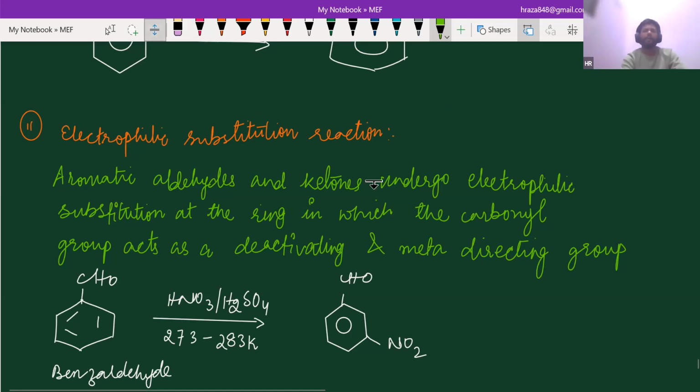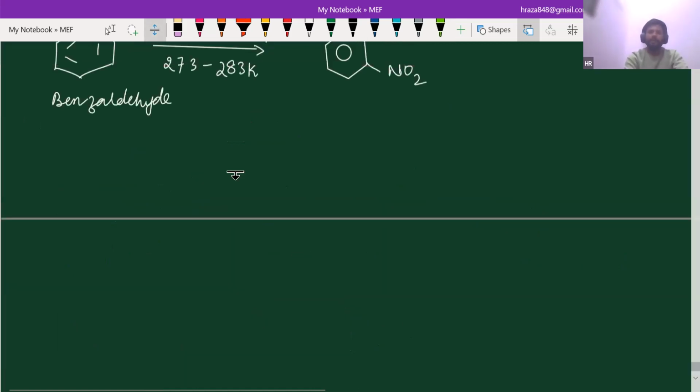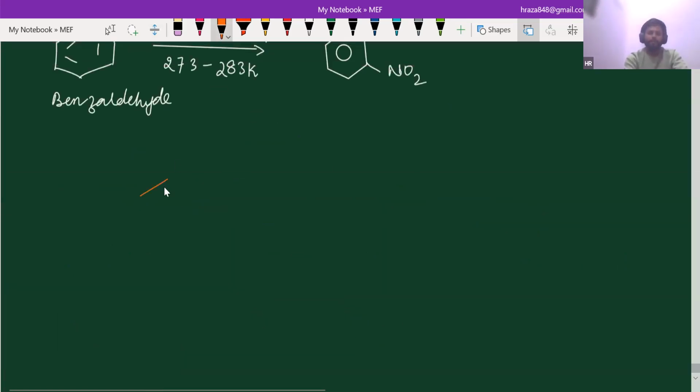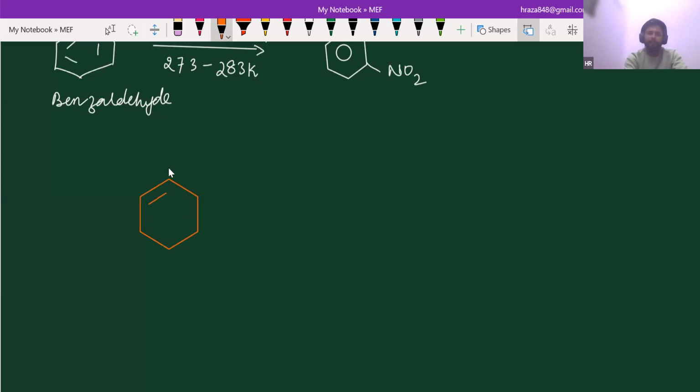So see what happens if it is a ring deactivating group and there is an electrophile that is waiting to attack. As you can see, it will take electrons from here and there will be a positive charge, so it will be moving like this.